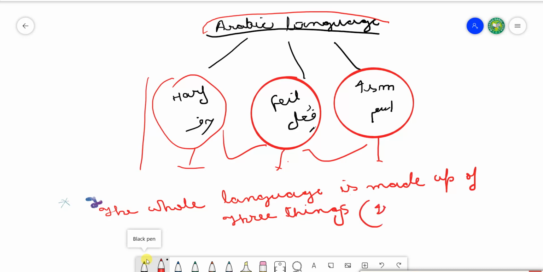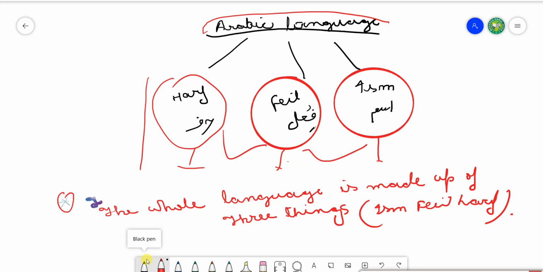That is ism, fail and harf. That's your note. You can write this in your notebook or you can create your own notes. It totally depends on you.